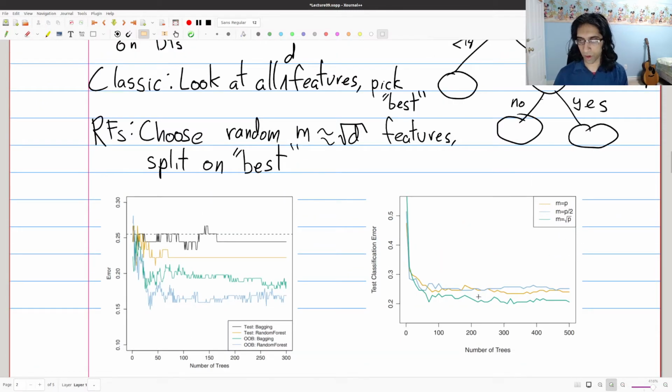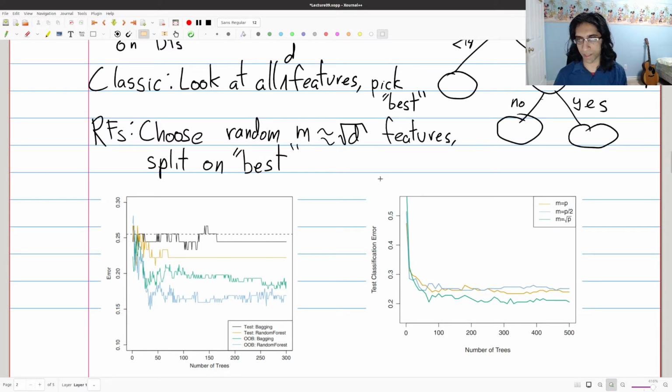I'll also draw your attention to this figure, where you can see a random forest, and you can see 3 different lines in terms of how we choose this value of m, how many features we inspect at each split. The one that seems to do best, at least in this very simple case, is the case where m equals roughly square root p.